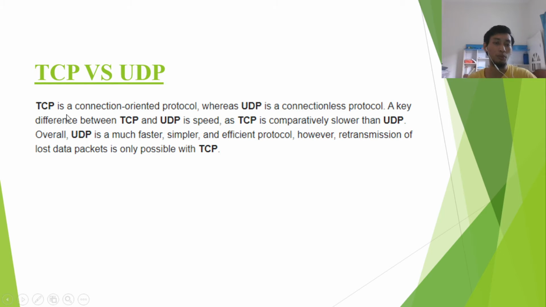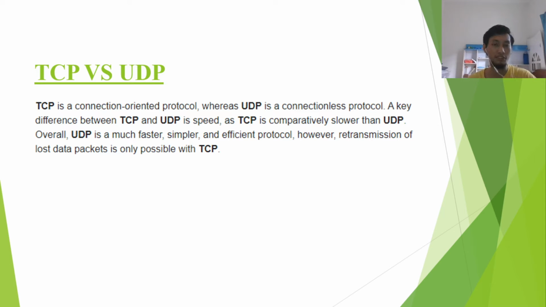The key difference between these two types of protocol for transferring files is speed. TCP is comparatively slower than UDP. This means that FTP and SFTP are slower than TFTP, but it has its own drawback.